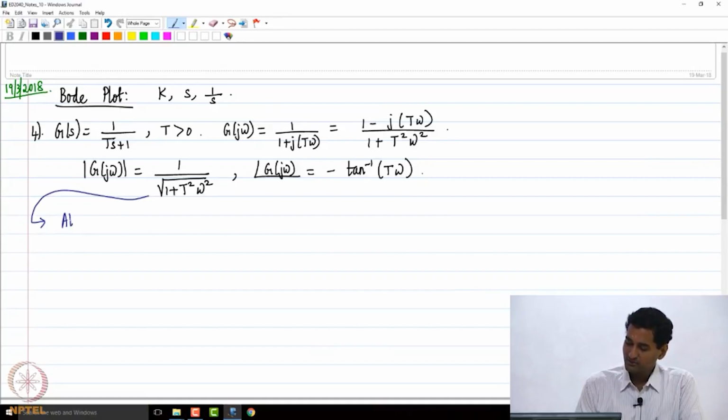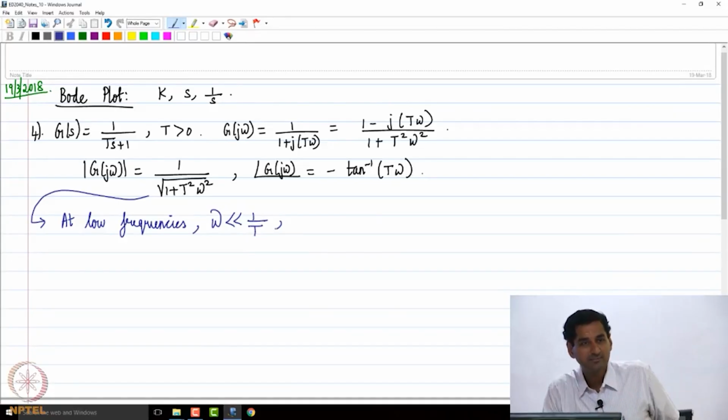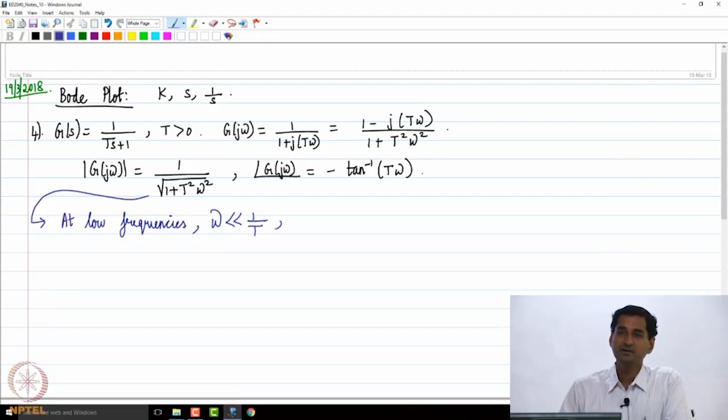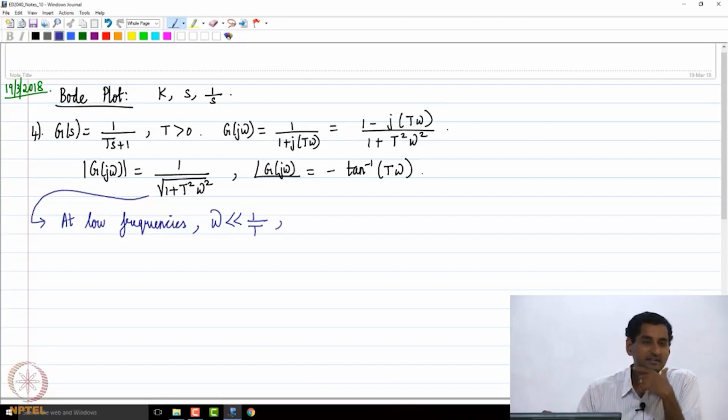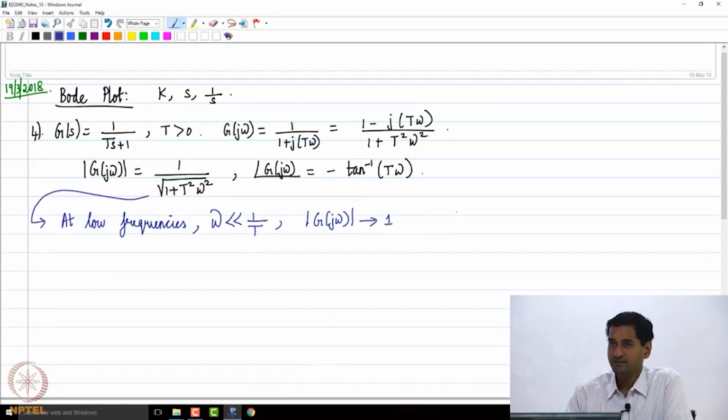At low frequencies, when omega is very small when compared to 1 by T, we will see why I am choosing 1 by capital T as a particular value in this expression. When omega is very much lower than 1 by capital T, what do you think is going to happen to this magnitude? We can immediately see that the magnitude of G of j omega is going to tend to 1. Why?